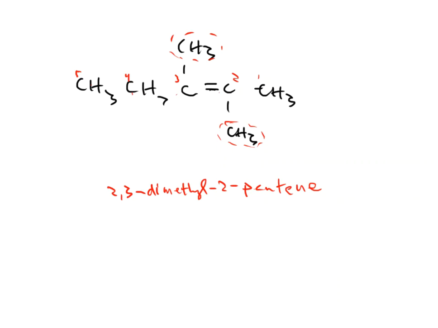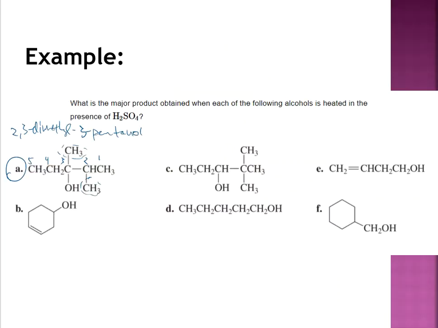We sounded so smart. If you understood that, if you followed that, you're learning alcohol reactions. That organic touch is still with you, and I'm so proud. So what I want you to do before the next video is to answer B, C, D, E, and F. Those are all eliminations.